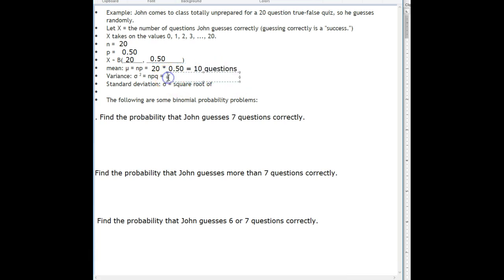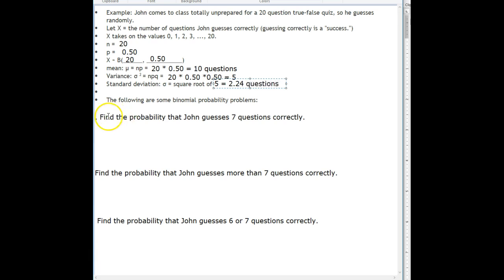The variance is just N times P times Q, so 20 times 0.5. Q is just 1 minus 0.5, which is the same, 0.5. When you multiply all that together, you get an answer of 5. So the variance is 5. And then the standard deviation is the square root of the variance. So it is simply the square root of 5, which is approximately 2.24 questions.